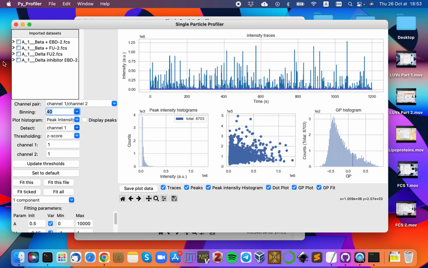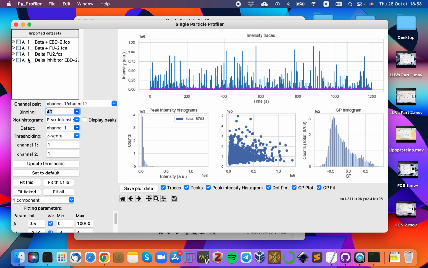And in order to compare between all of them, I have to normalize to this nanobody background, and that will be in the next iteration of this program that will be released soon, where you can select which formula to use and whether you want to do this background correction or not.